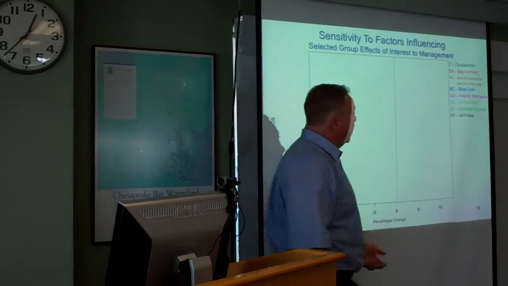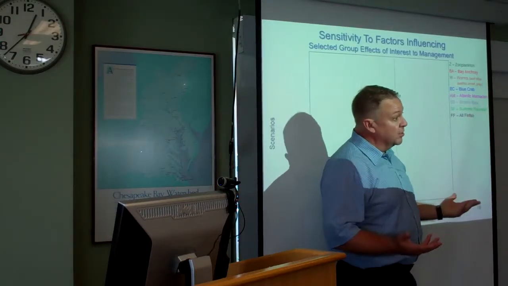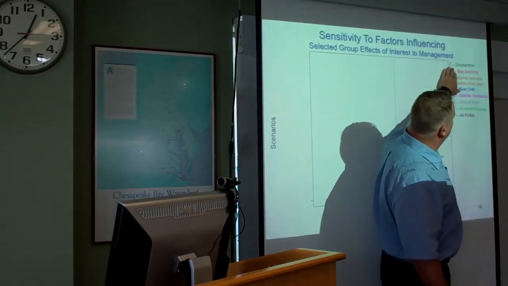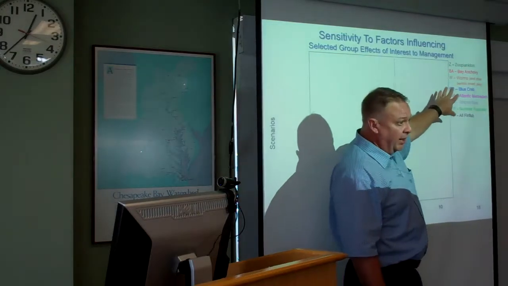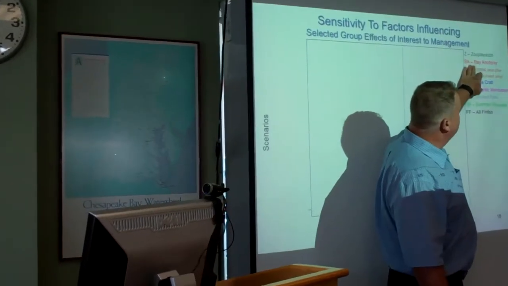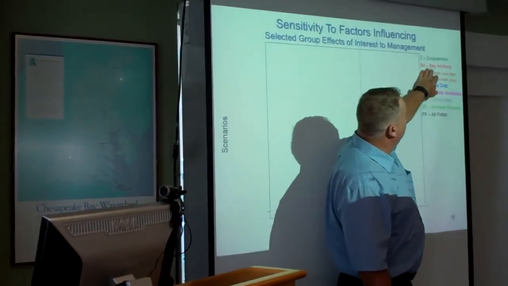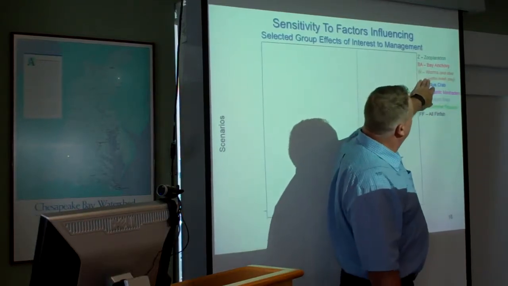And I'm only presenting a couple select groups. I could present 56 groups here. It's a little confusing, a little overwhelming, so I took a couple key groups that I selected ahead of time that would be of interest to show. Zooplankton, bay anchovy, which is actually one of the most important forage that we have in the bay.